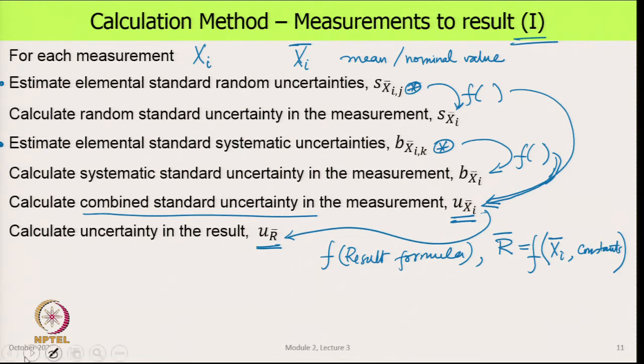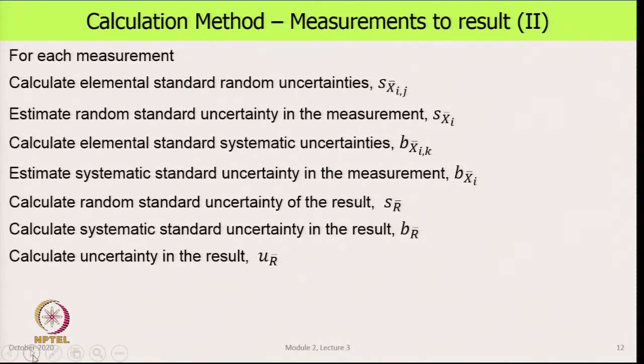A slightly different variant of this is what we call method number 2, wherefore again each parameter xi we first get its mean value, and like before we first get the elemental standard random uncertainties, which are these. Combine all of these, we get this. Get the elemental standard systematic uncertainties, which is over here. From that we get this, and then we do slightly different thing here now.